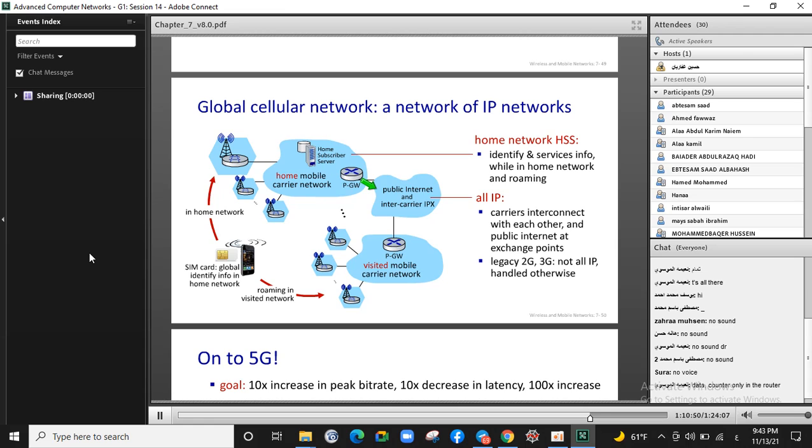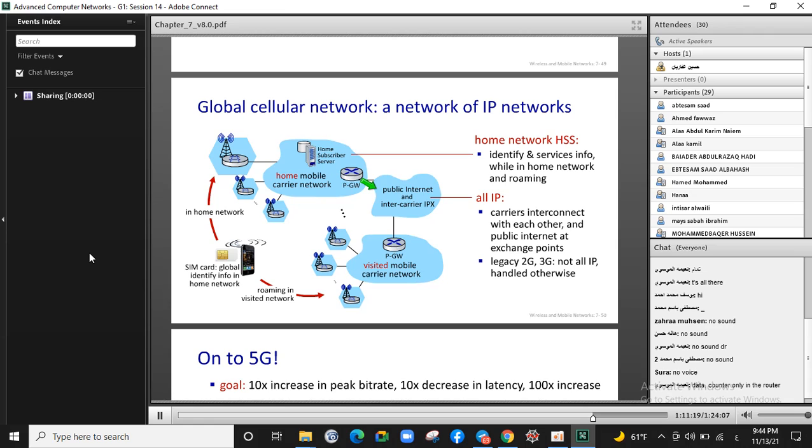It means that if I want to handle my packets, instead of 1G, 2G, 3G, my phone call or my data connection should be handled completely in a different place.